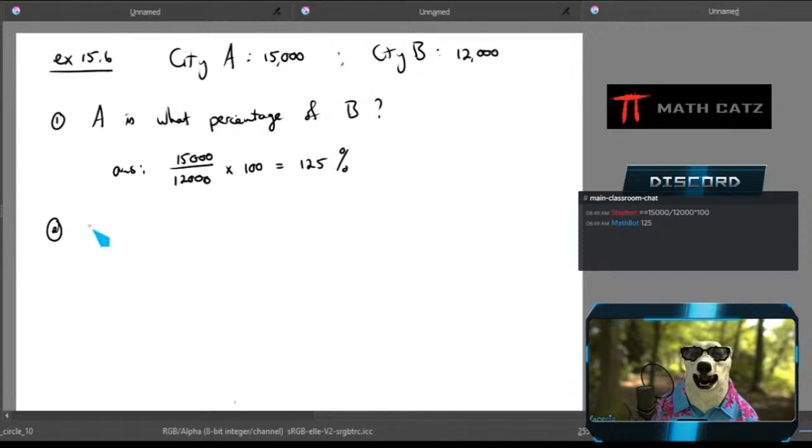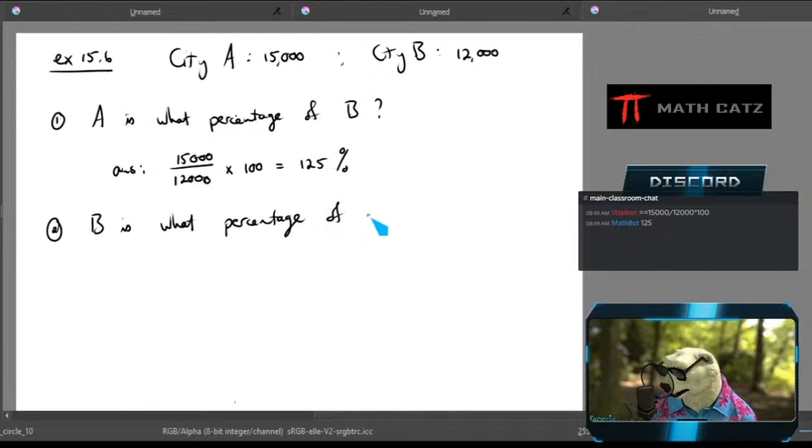Then the second one is just flipped around. B is what percentage of A? So now very similar. It's just a question of what goes where. Which one relative to which one? B is relative to A. So it's like B is new and A is original.